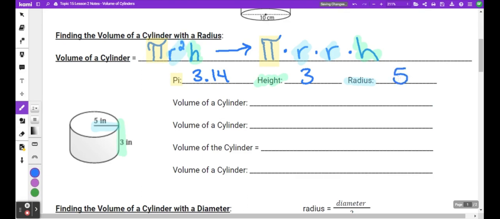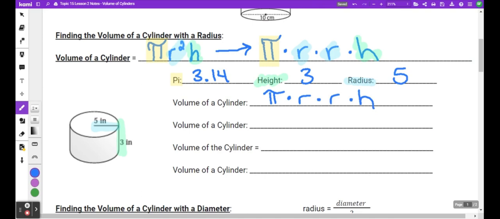Much like volume of a rectangular prism, I'm just going to plug my numbers into the formula, and then use the calculator to help me with the multiplication. So first thing I like to do is write the formula. Pi times r times r times h. And then I'm going to substitute the numbers in for the correct variable.